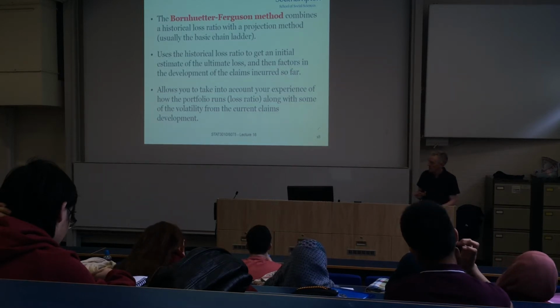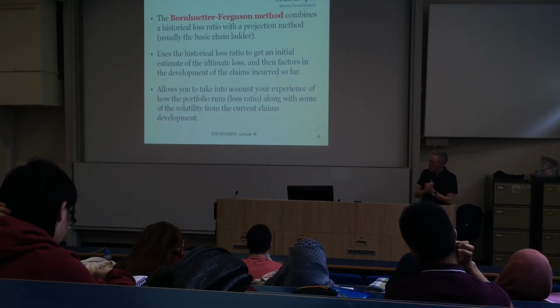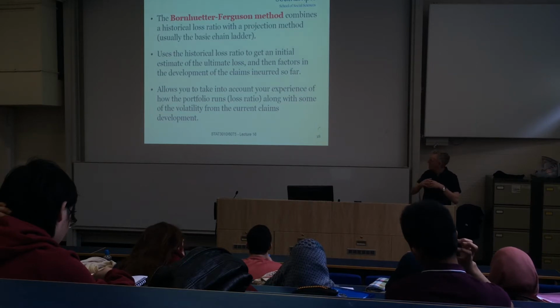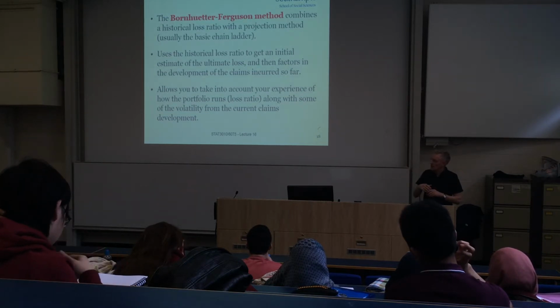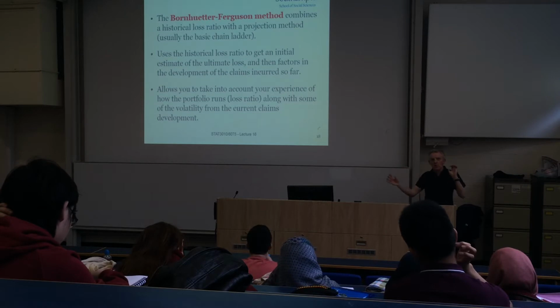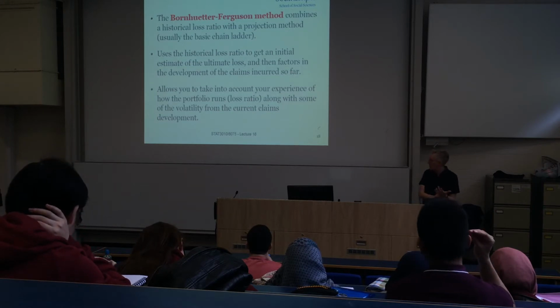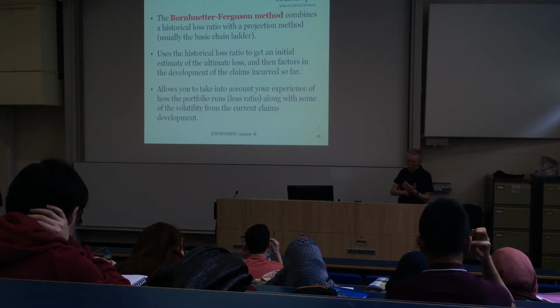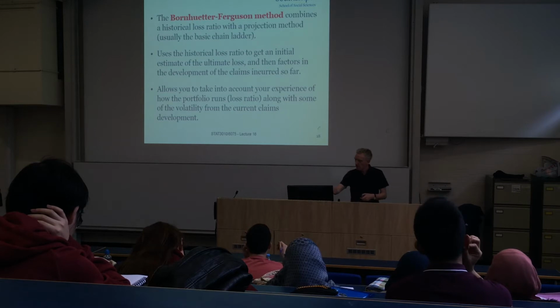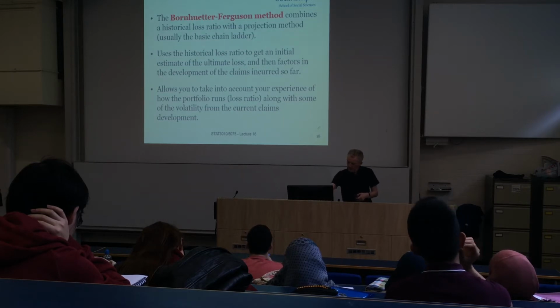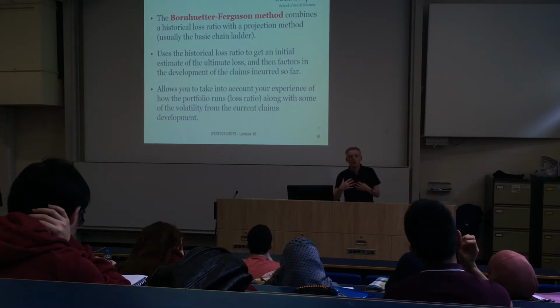And as we'll see at the end, the Bornhuetter-Ferguson estimate is actually a weighted combination of these two values: the prediction you would get using the simple chain ladder method, and the prediction you would get using this very simple estimate using the historical loss ratio.